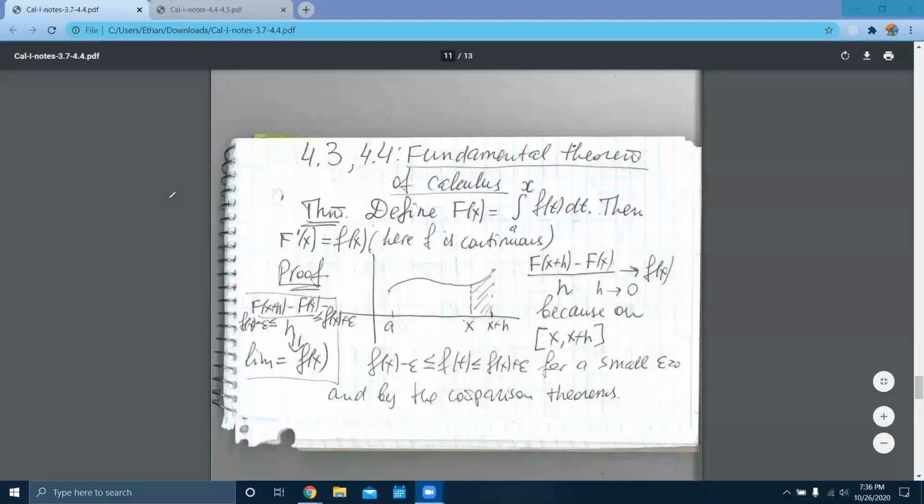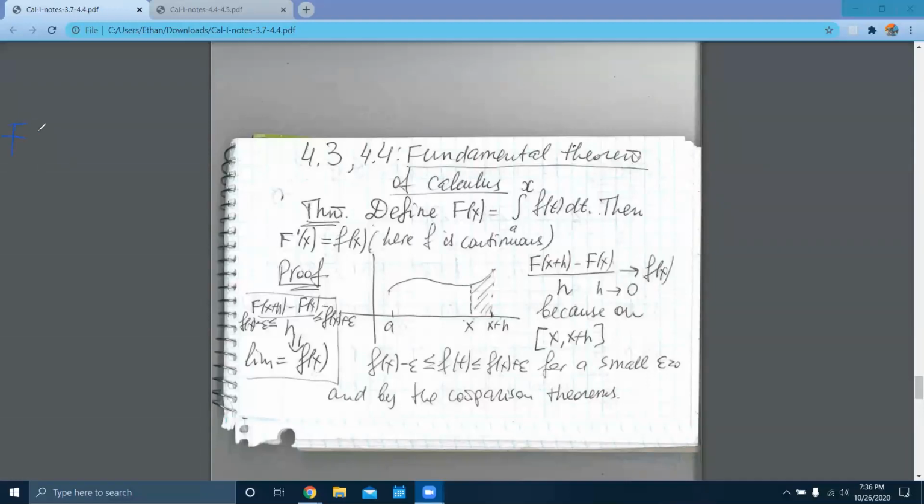You have that big F of x is equal to some interval from a to some kind of x. We're just going to use x here. F of t dt.